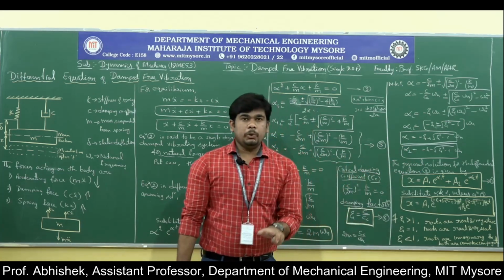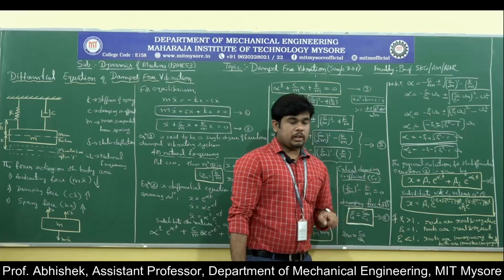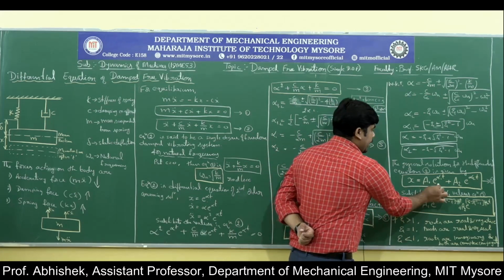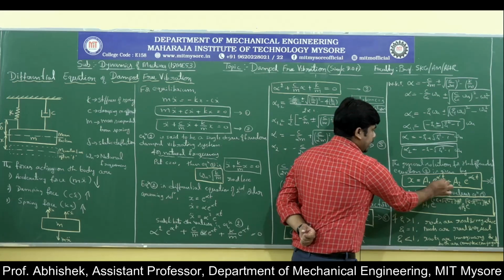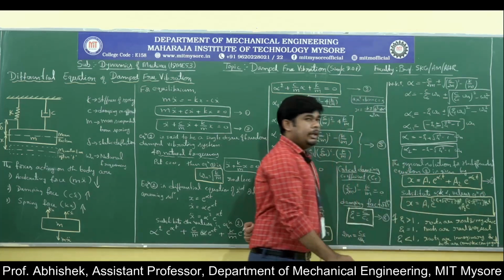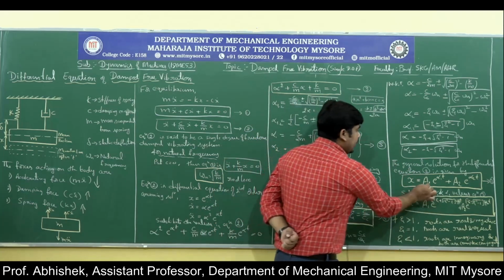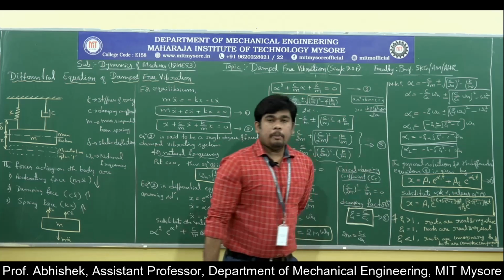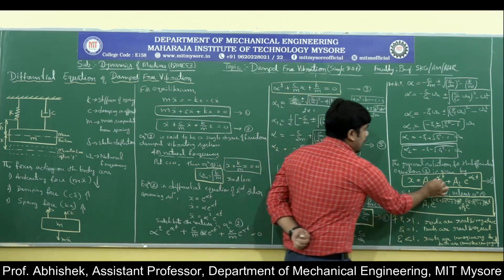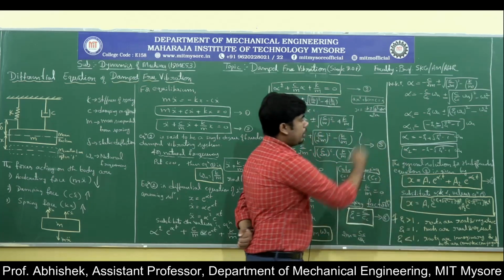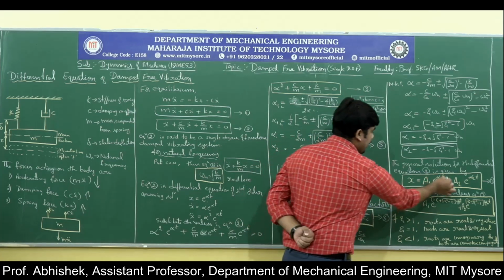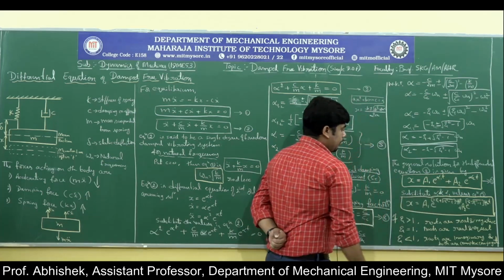Now the general solution for the second order differential equation is x is equal to a1 into e to the power of alpha 1 into t plus a2 into e to the power of alpha 2 into t. Here a1 and a2 are arbitrary constants, and the alpha 1 and alpha 2 values we have already derived. Just substitute them.